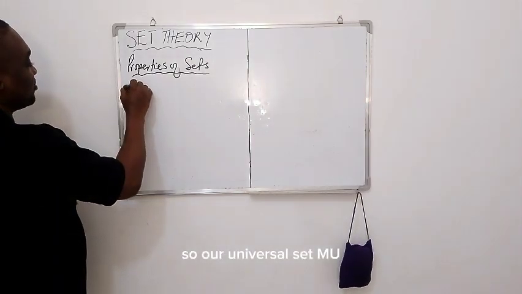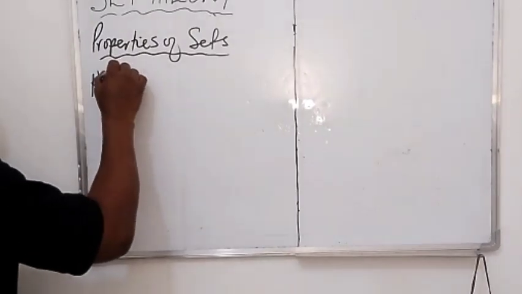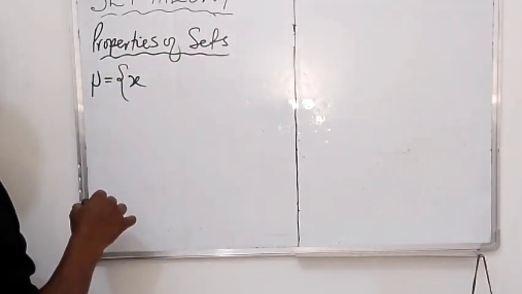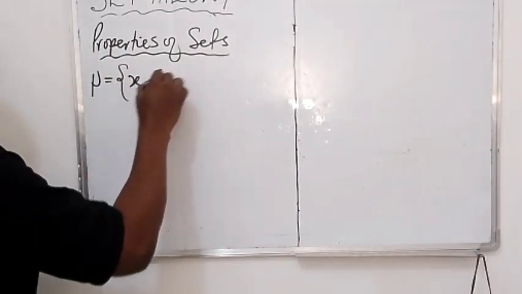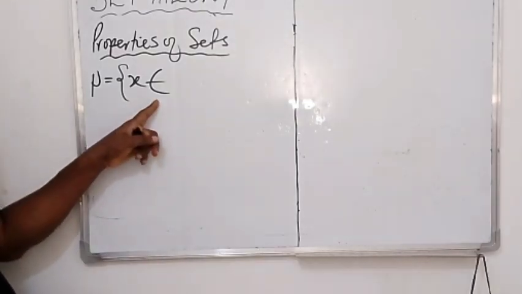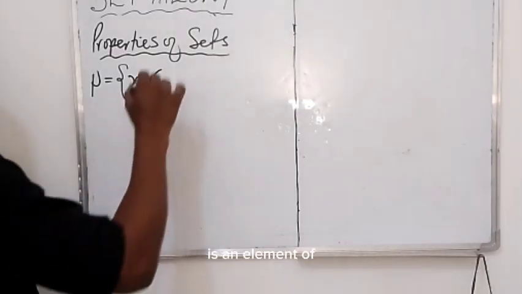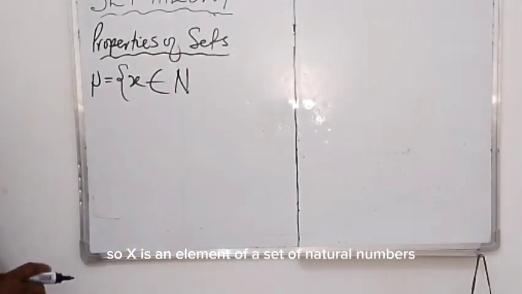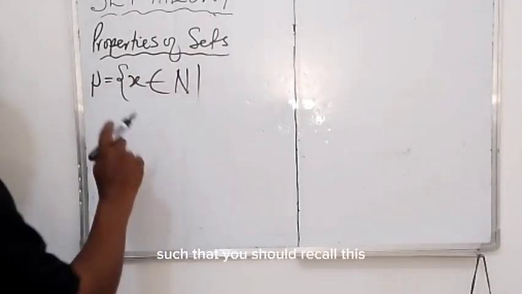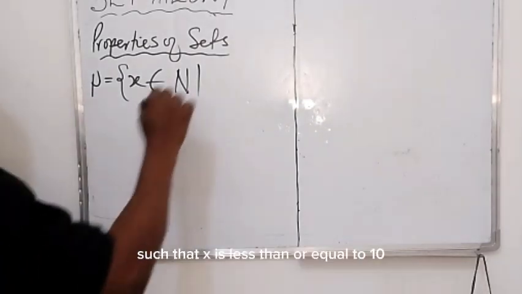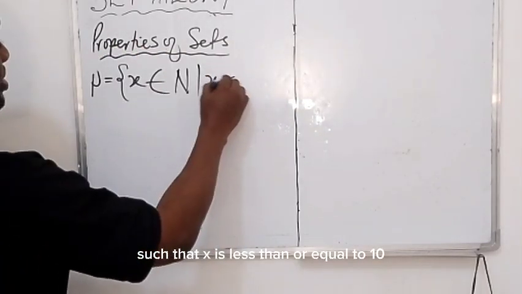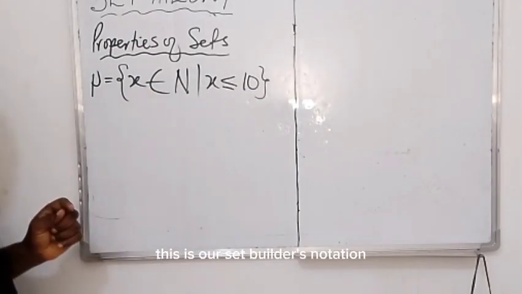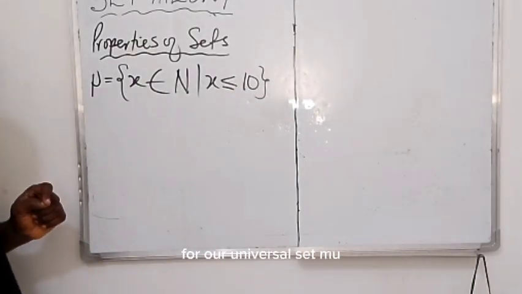So our universal set mu, in braces, is x such that x, recall this symbol, is an element of the set of natural numbers, such that x is less than or equal to 10. This is our set builder notation for our universal set mu.